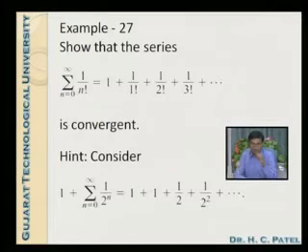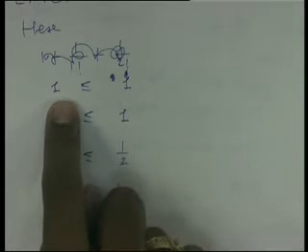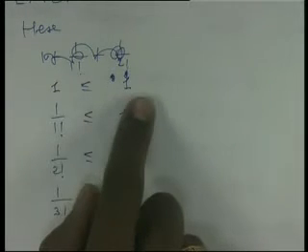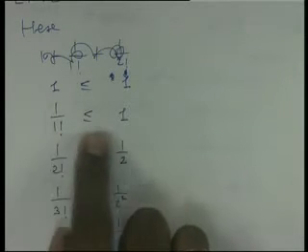Let us see the comparison on the tabletop. Here the first term 1 is less or equal to 1. Then the next term 1 upon 1 factorial is less or equal to again 1.